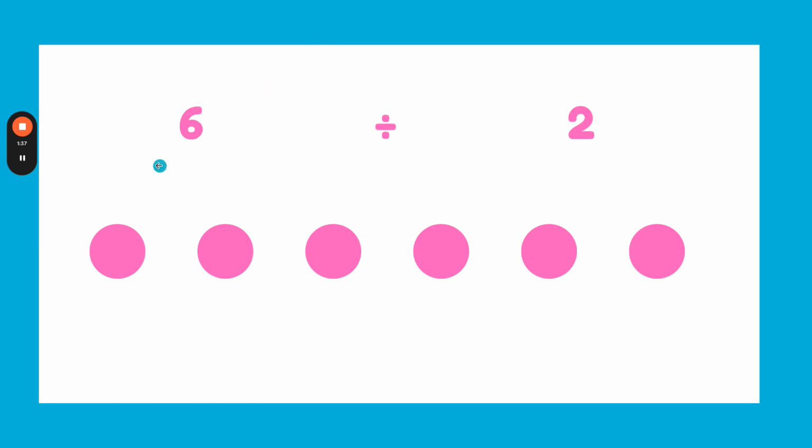As you can see, we've got 6 circles, or let's say these are counters or coins or whatever you want to call them. So we have 6 counters, for example's sake, and we want to find how many groups of 2 we can collect from these 6 counters.